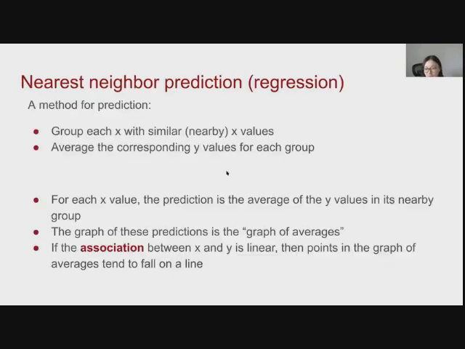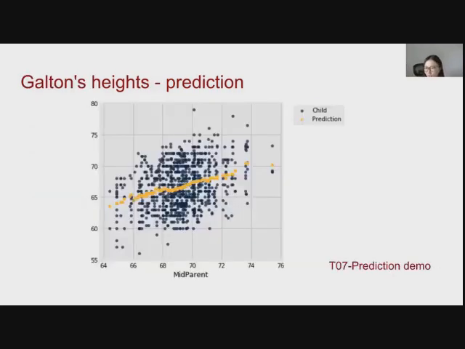Now if we put everything into the context of what we're talking about in this topic 24, we talked about association, correlation between two numerical variables. If the association between x and y is linear, then the points in this graph of averages tend to fall on a line. And that's sort of what we have seen: not exactly a straight line, but roughly along the line.